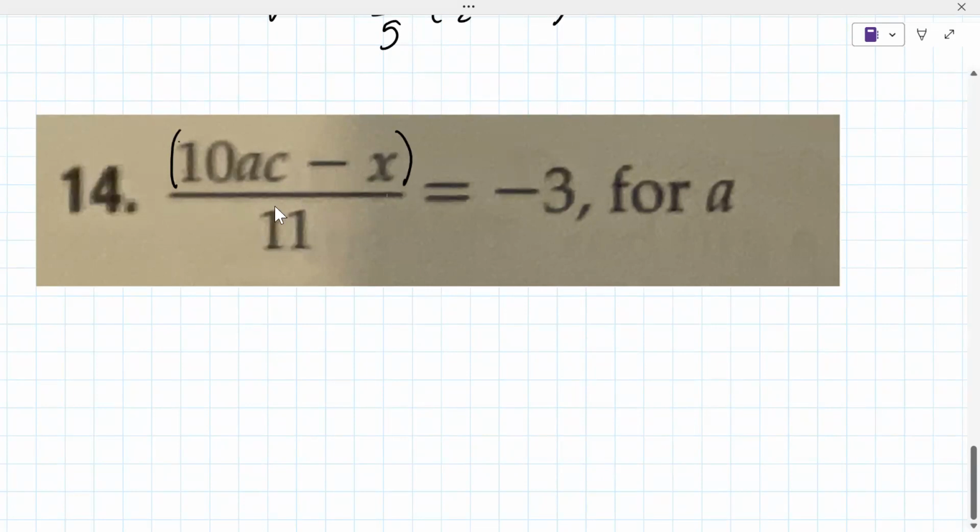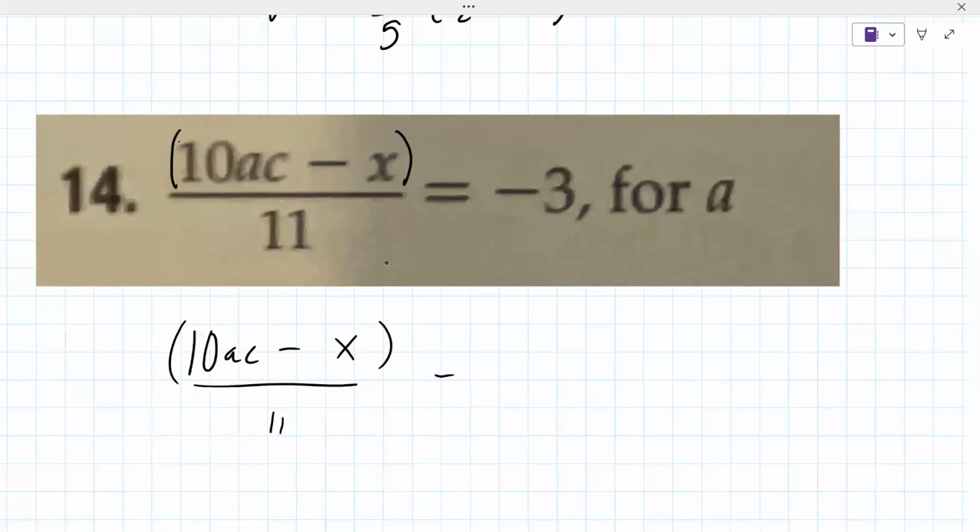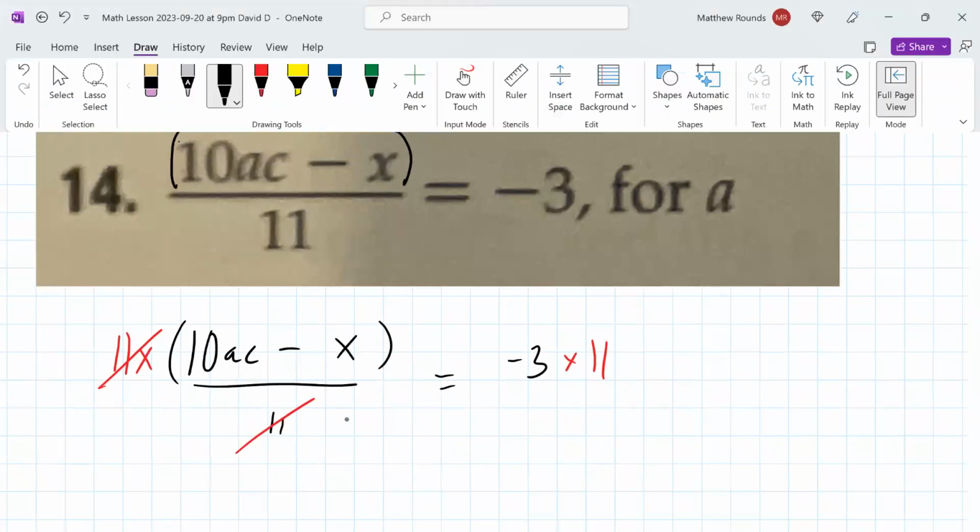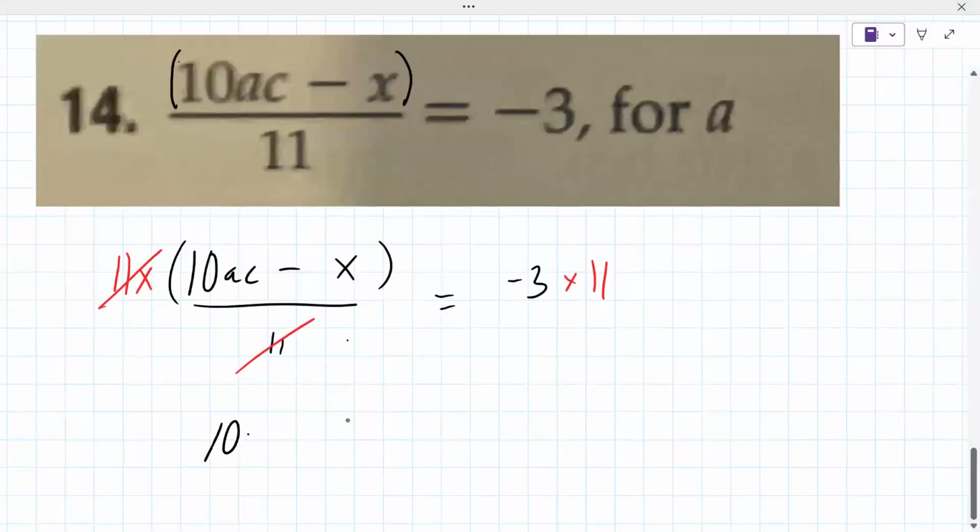This fraction is dividing by 11, so the way to undo that is to multiply both sides by 11. That clears out the bottom. Now you don't need the parentheses, and you're trying to get to A.